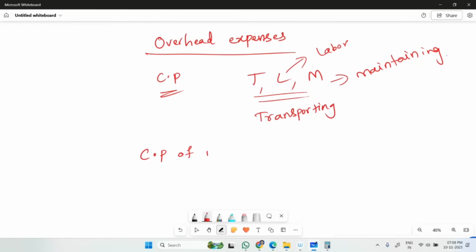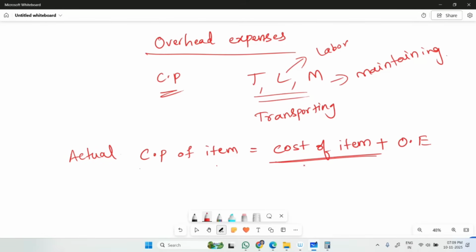Cost price of an item equals cost of item plus overhead expenses. So to find the actual cost price of an item, we will add overhead expenses to the cost of the item. Okay, did you understand?